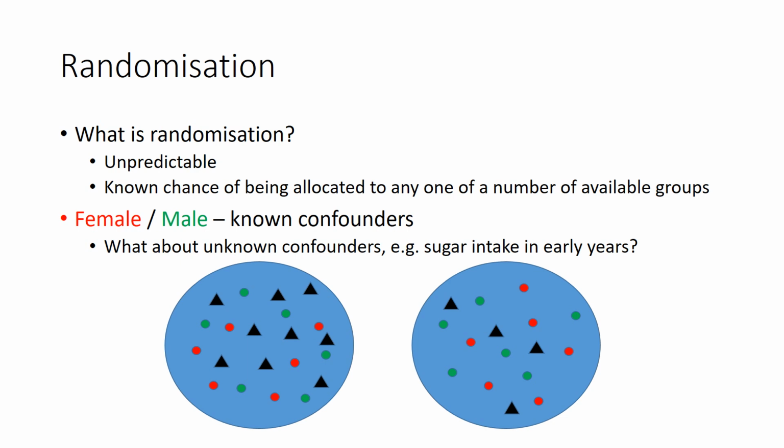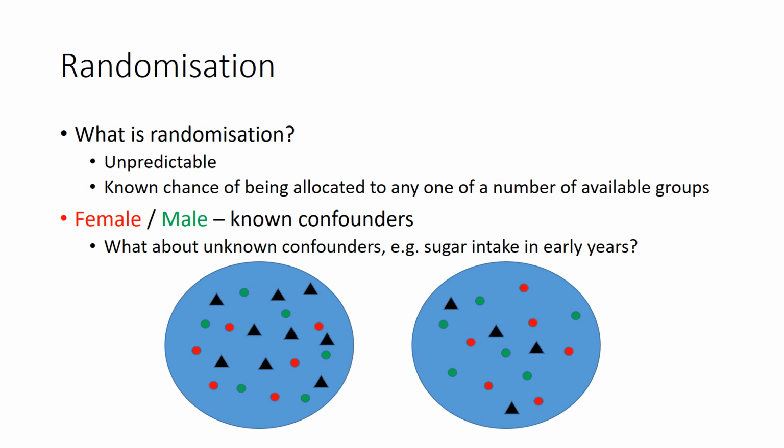It's an unpredictable process, but by allocating people to two or more groups, you essentially know the chance of that allocation. So if there are two groups, we don't know what the next allocation will be, but there's a 1 in 2 chance. If we've got three groups, again, we don't know what the next allocation will be, but there's a 1 in 3 chance that the participant might be allocated to one of the treatment groups.